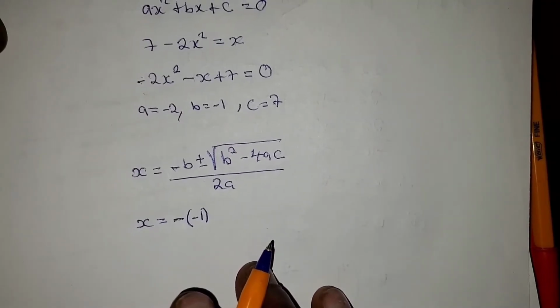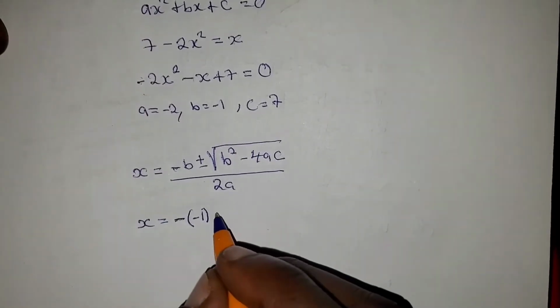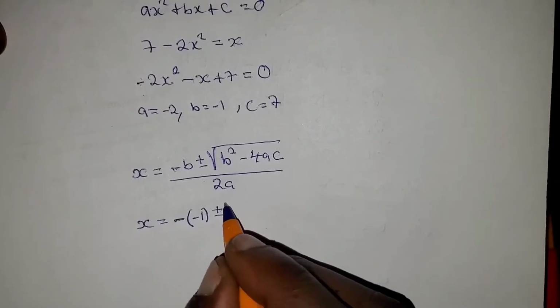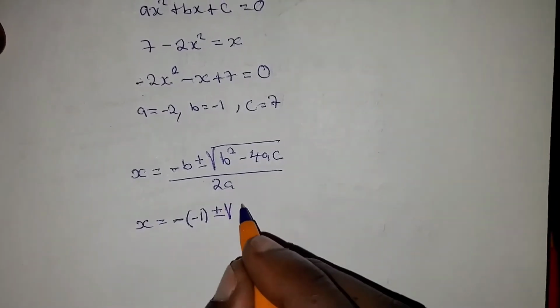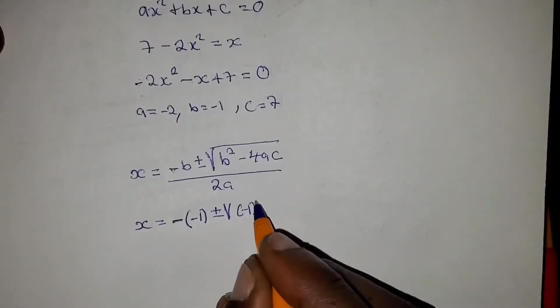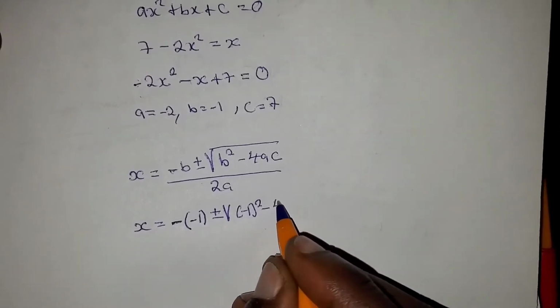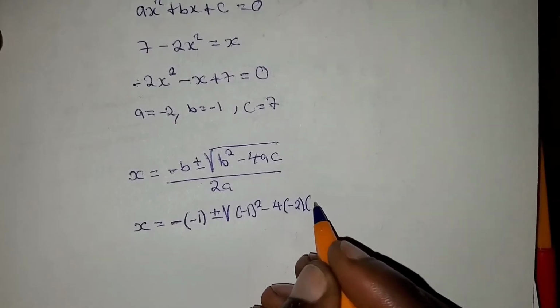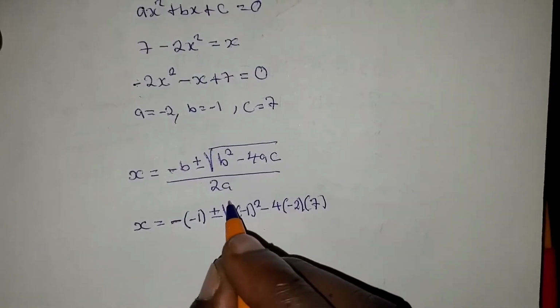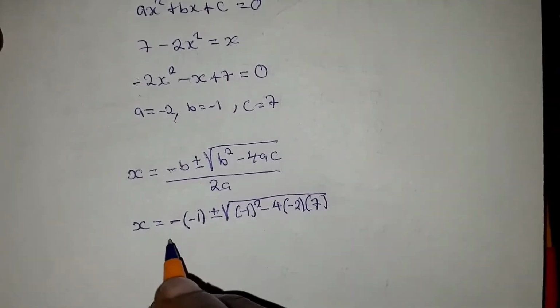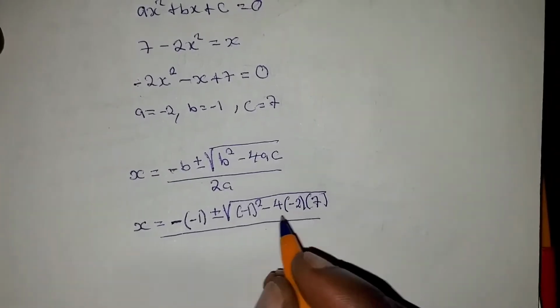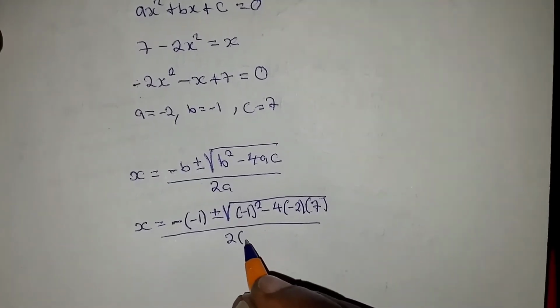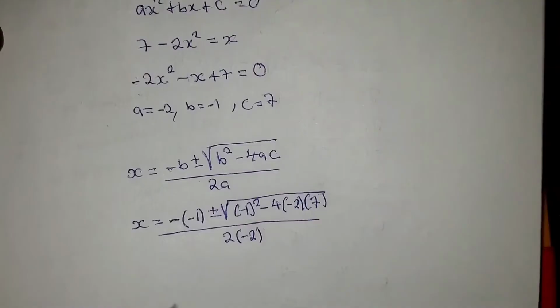Plus or minus the square root of what is b? -1. So it will be -1 squared minus 4. What is a? -2. What is c? c is +7. Okay, like this, square root the whole of this one divided by 2a, a which is -2.